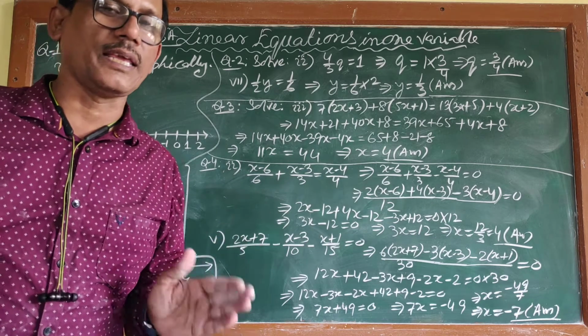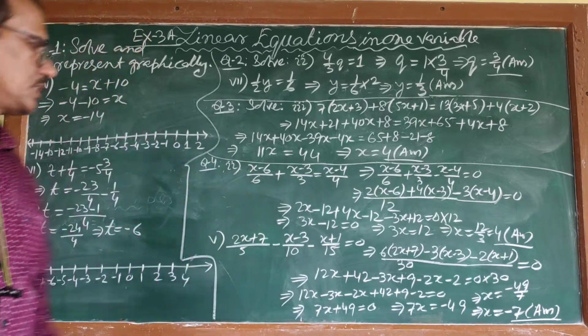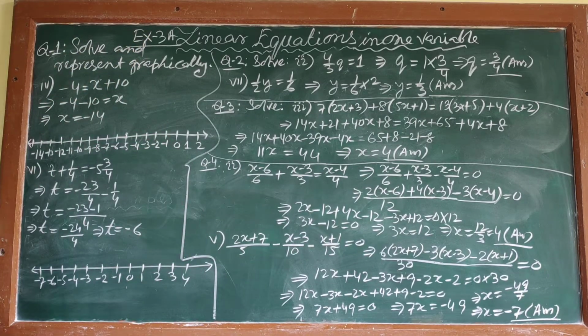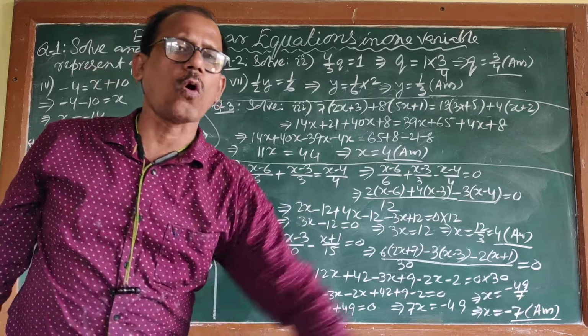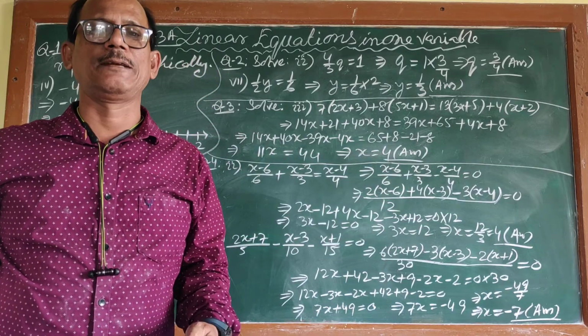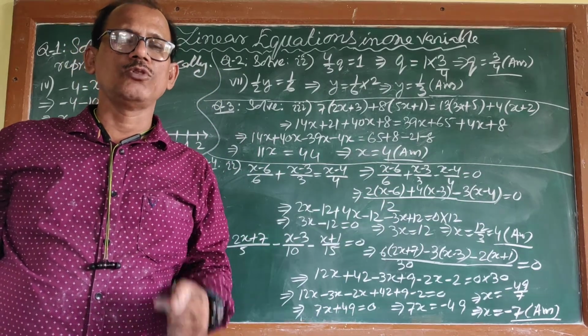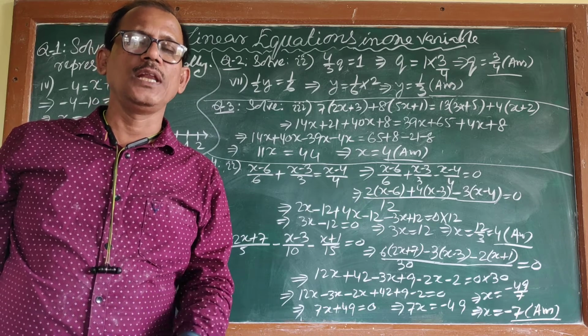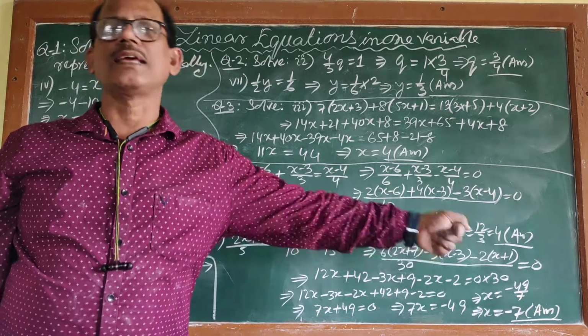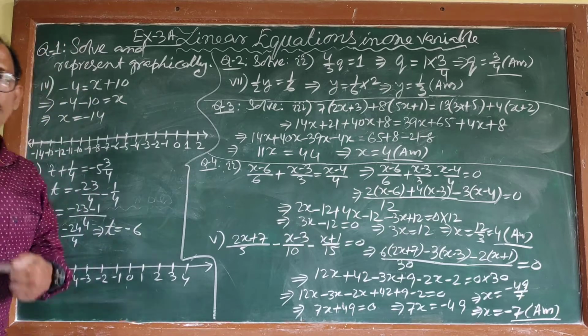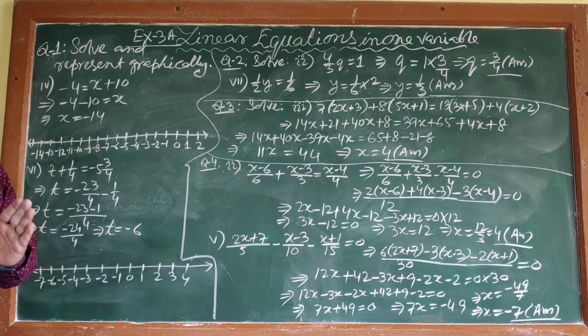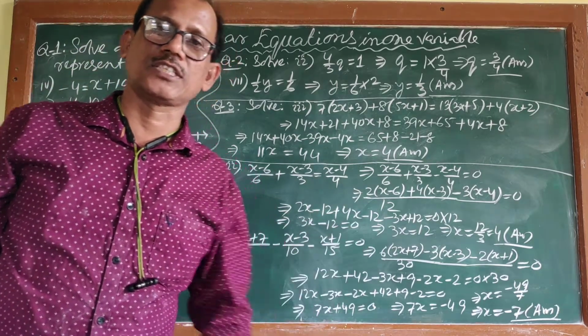Now your work is to represent that graphically, which is very, very important. For a linear equation, you simply draw a straight line, because the variable value lies on a straight line. If you represent it graphically, it will form a straight line.